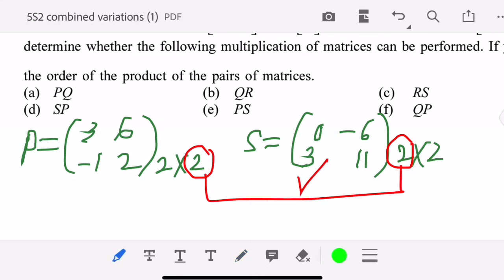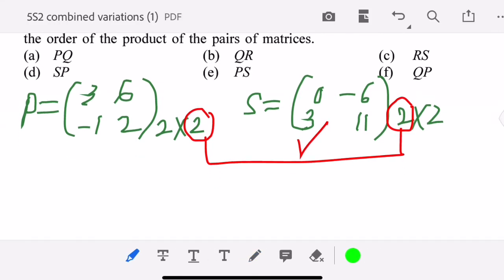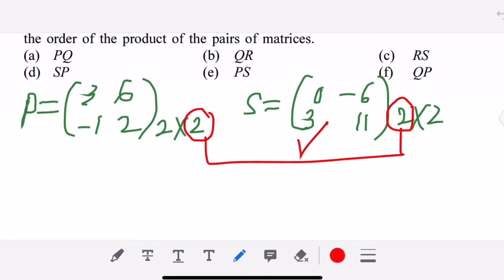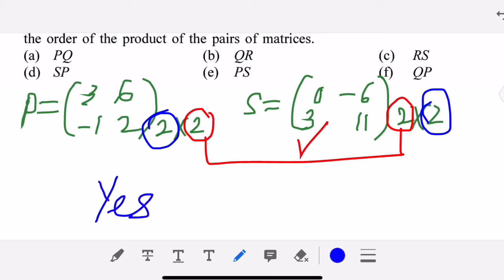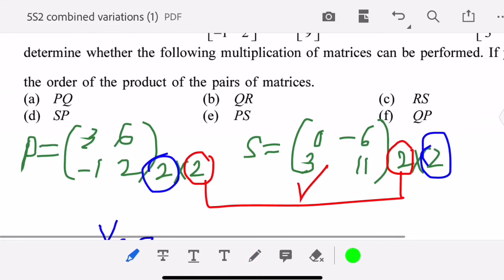Yes, and the product that we will get will be 2 by 2, right? So the answer is yes, and the product is having the order of 2 by 2, for the E, isn't it?